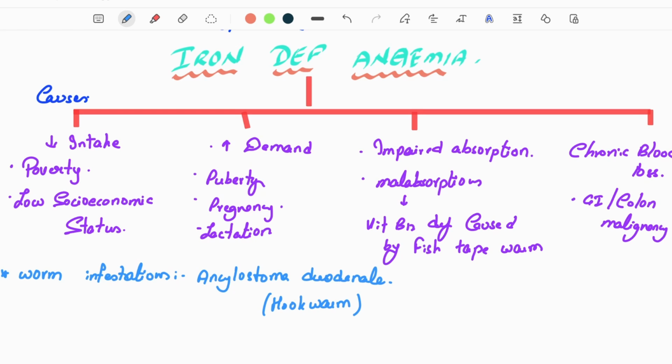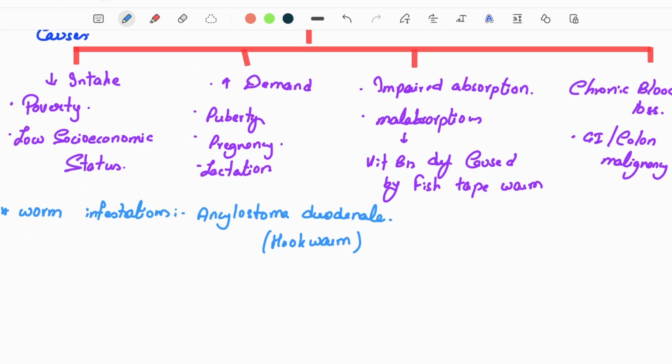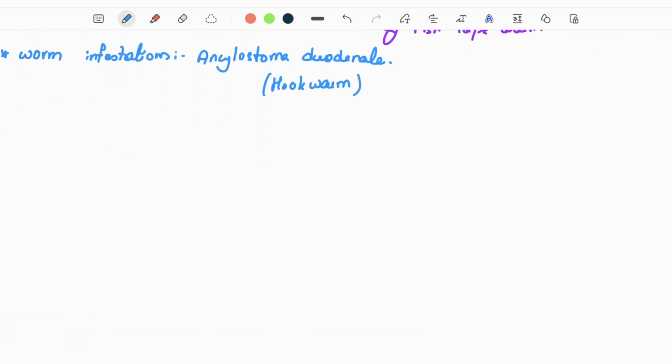Next one is, what are the factors that influence? Like there are certain factors which increase the absorption of iron, and there are some factors which decrease the absorption of iron. So let's talk about the factors. The factors are of two types.